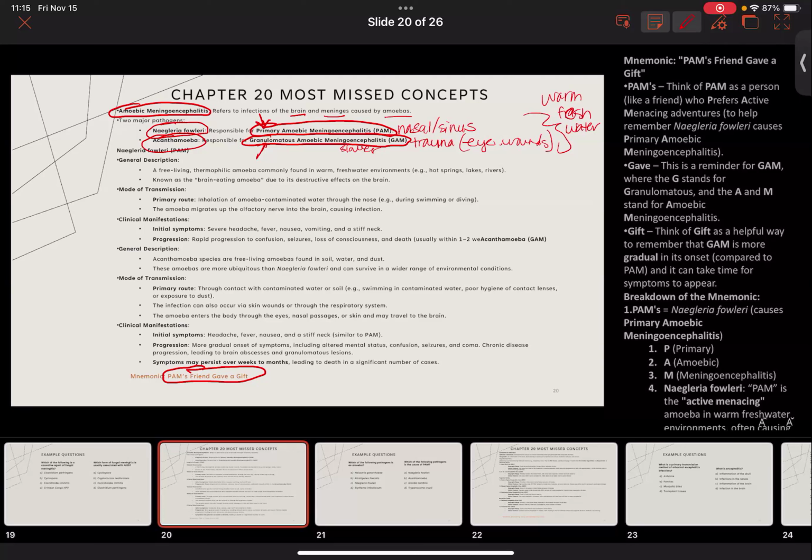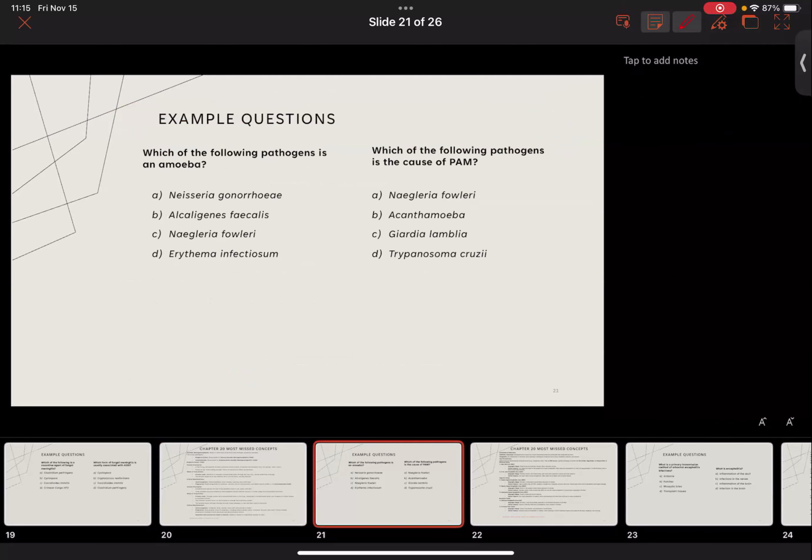She gave a gift to you, and you probably don't want this gift because it's probably a brain-eating amoeba. And so this is referring to G for gave a gift is referring to GAM, that granulomatous one. The gift being that we have a gradual onset of granulomatous, so it's a slower progression. And it's not something that we want from any of this. Pam, keep your gifts away from us. We don't want your amoebic diseases.